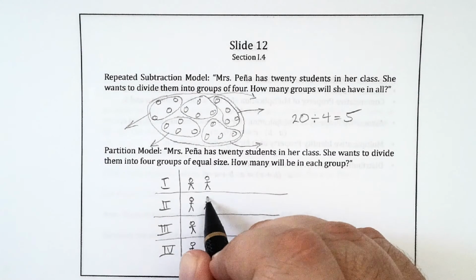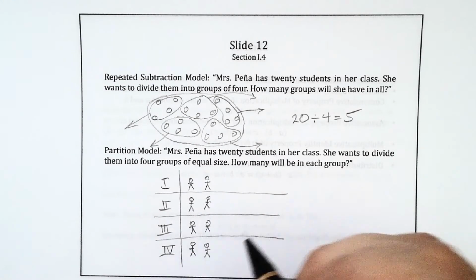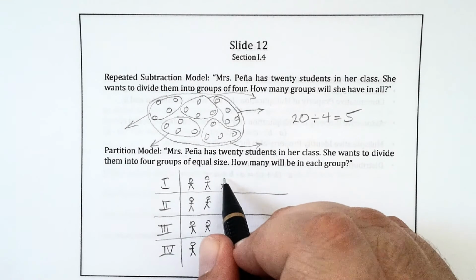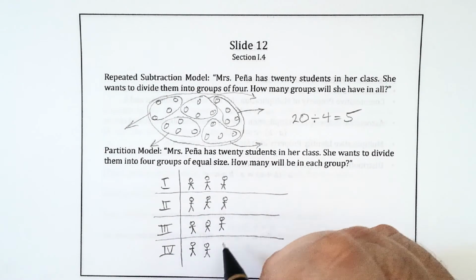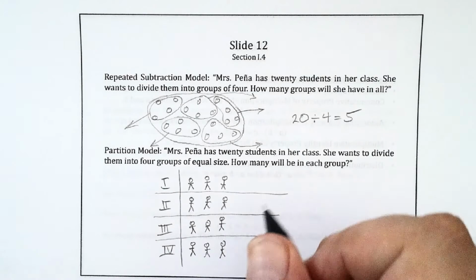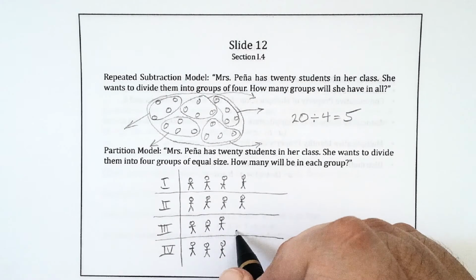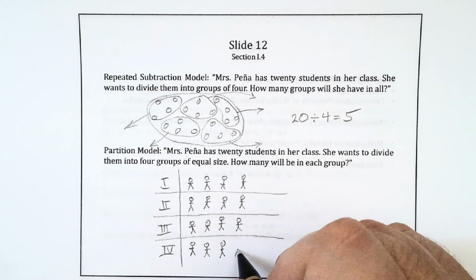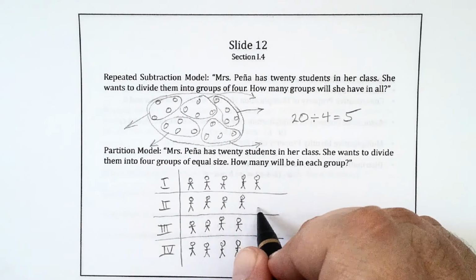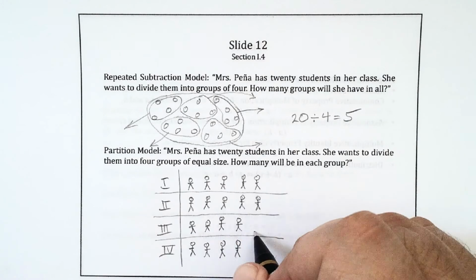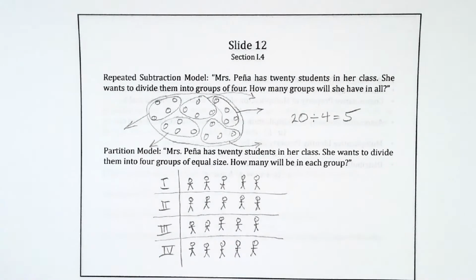Then here's 6, 7, 8, 9, 10, 11, 12, 13, 14, 15, 16, 17, 18, 19, and 20.